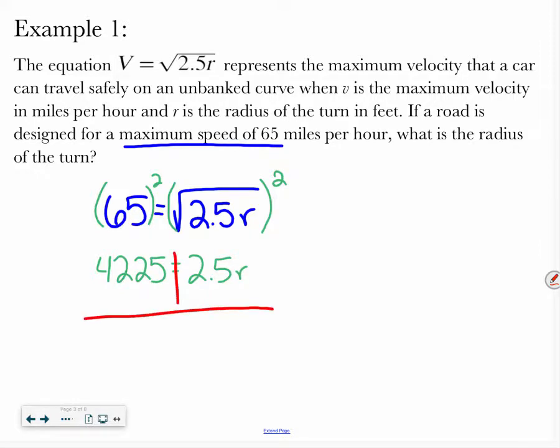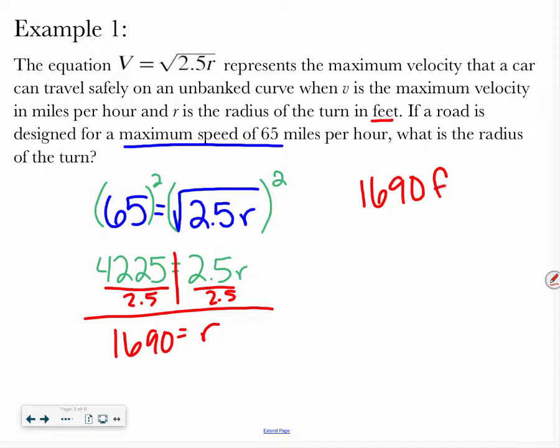Then I'm going to divide both sides by 2.5, and I get 1,690 as the radius. So 1,690 feet is the radius of the turn.